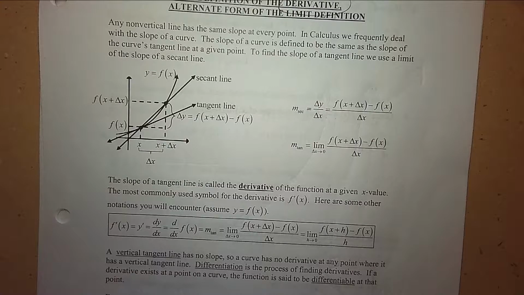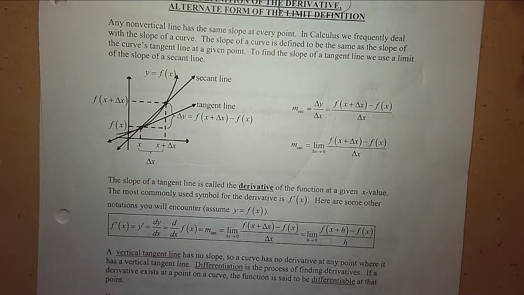The derivative is the slope of the tangent line. And the second thing we talked about was an instantaneous rate of change rather than an average rate of change. So what two concepts are connected to derivative? Slope of a tangent line, instantaneous rate of change, okay?